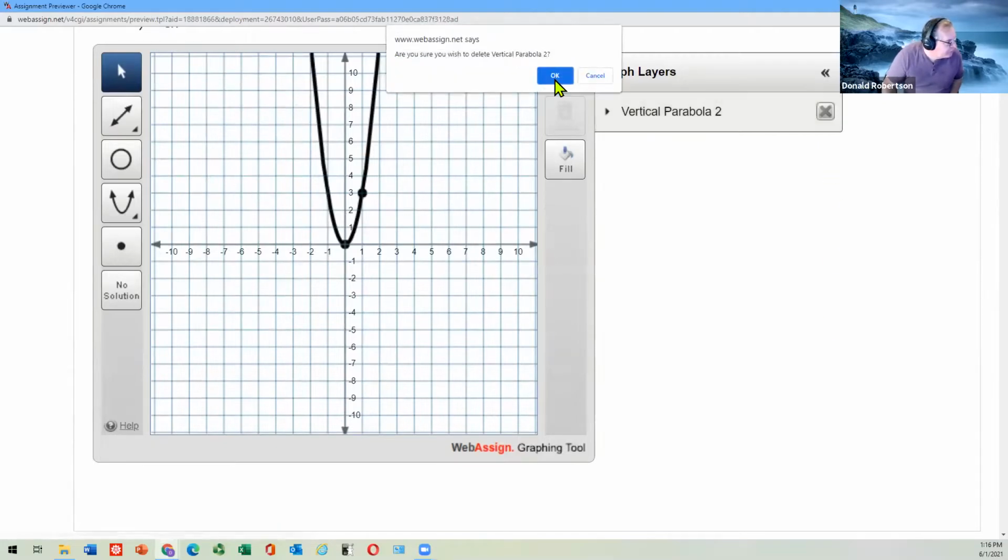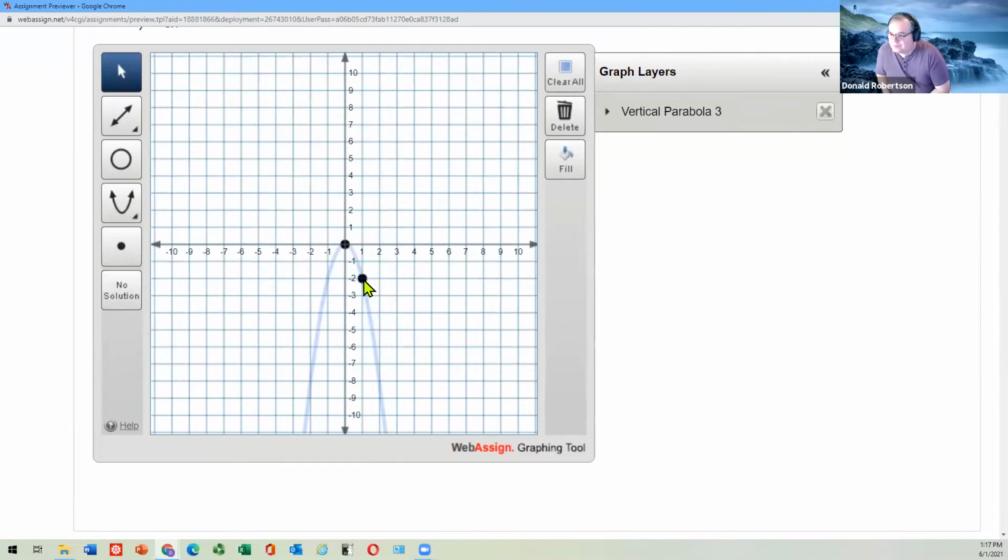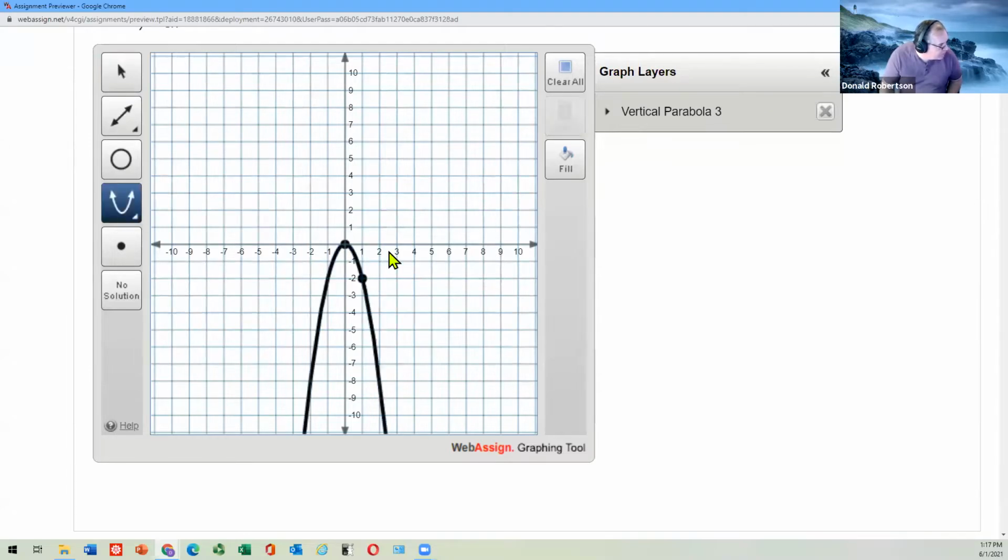Right, I'm going to use this blank one again. So to draw negative 2x squared, we click over here. Now, I know this seems wrong, but you still have to click the happy face. And you click 0, 0, and 1, negative 2. So happy face, 0, 0, 1, negative 2.